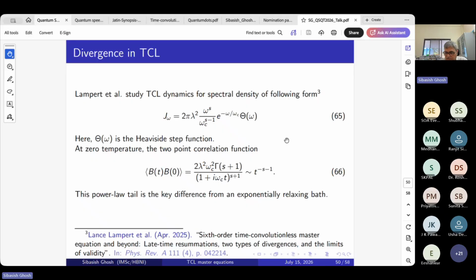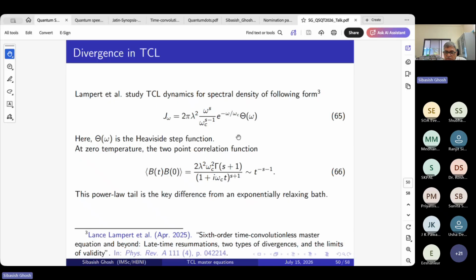So if you take the bath at 0 temperature and calculate the bath correlation function, it behaves polynomially, like t to the power minus s minus 1. For other kinds of baths, or if the bath temperature is not 0, the decay of the bath correlation will generally be exponential. But here it is a polynomial decay.